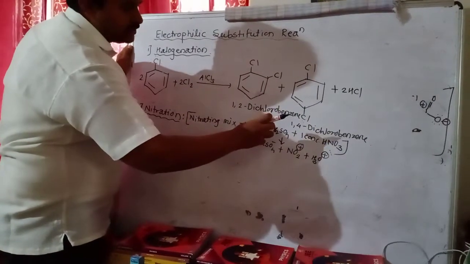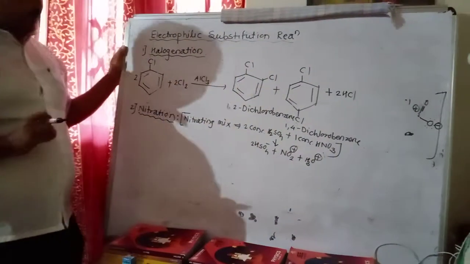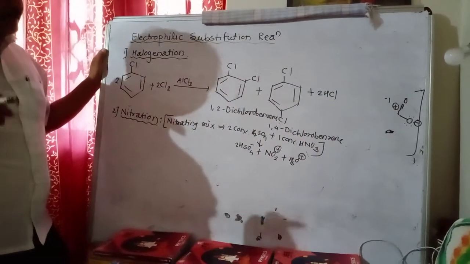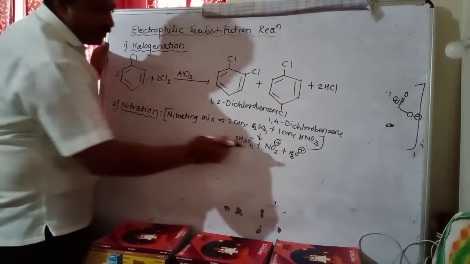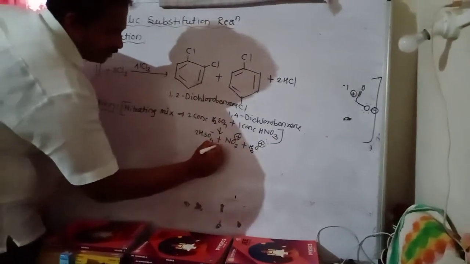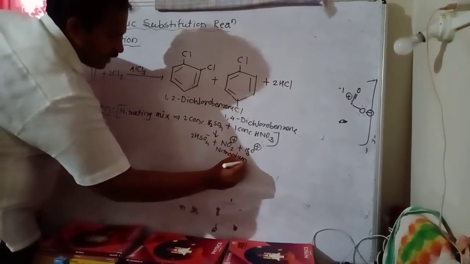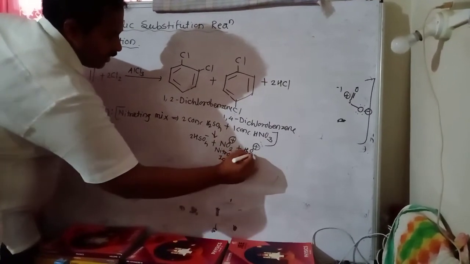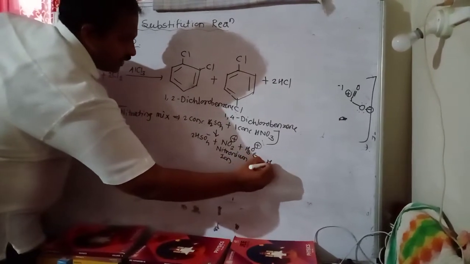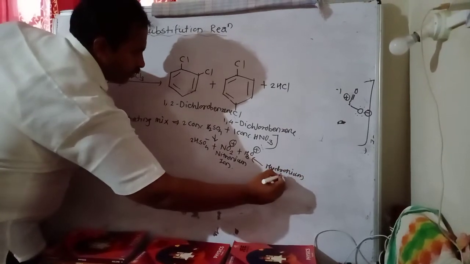When the two acids combine, HSO4 minus, NO2 plus and H3O plus are formed. NO2 plus is the nitronium ion. H3O plus is the hydronium ion.